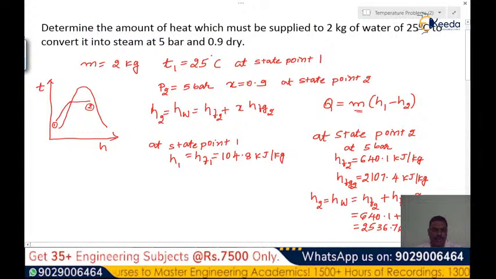Now H1 is calculated, H2 is calculated, and we have mass m. From that, let us find out Q. As already written, Q equal to m into (H2 minus H1).